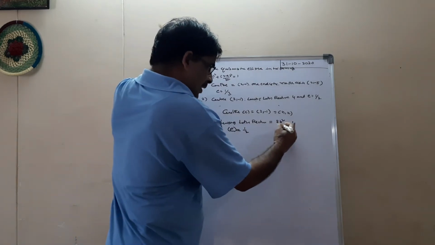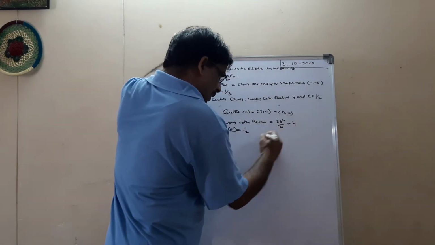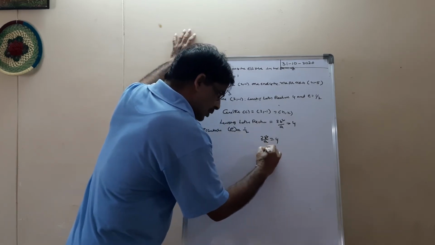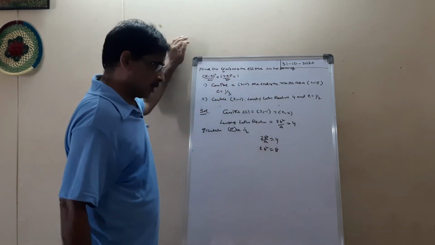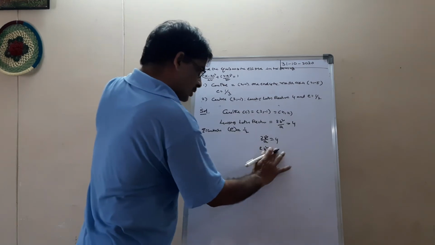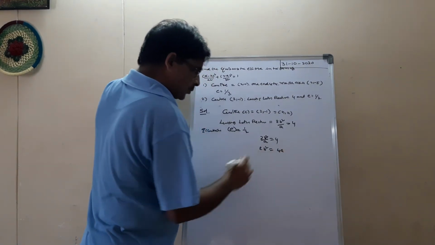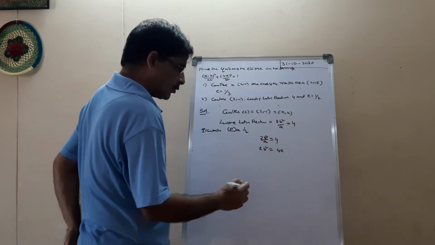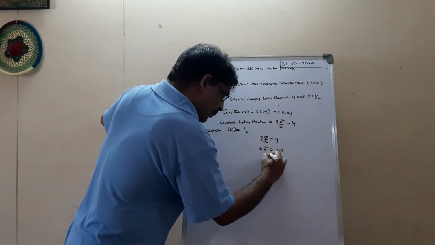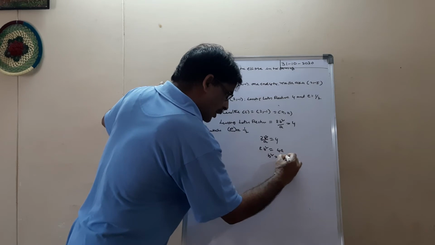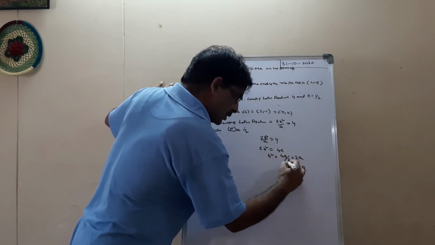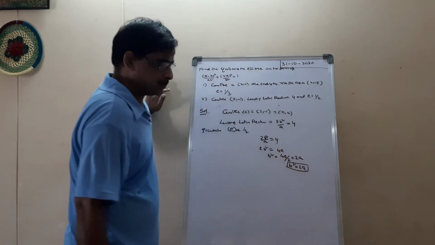Here, 2b square by a equal to 4 means 2b square equal to 4a, or b square equal to 4a by 2, which means 2a. So we have b square value equal to 2a.